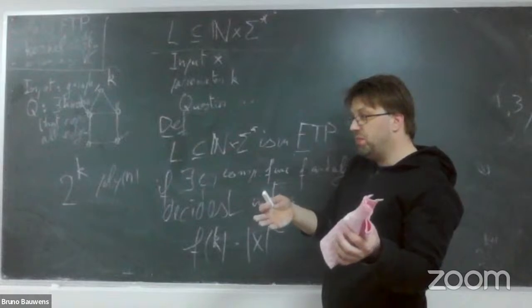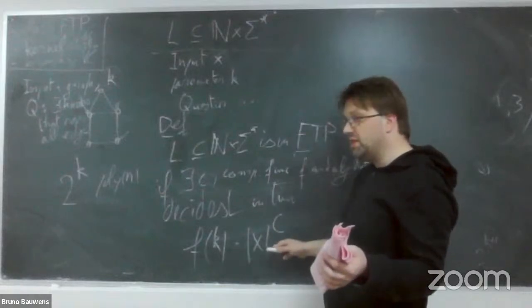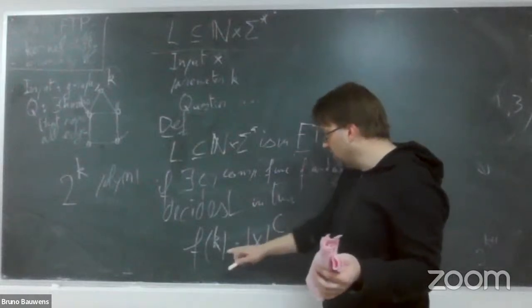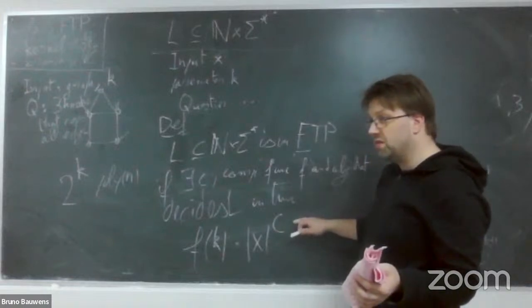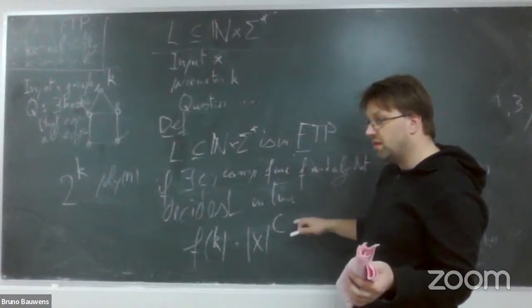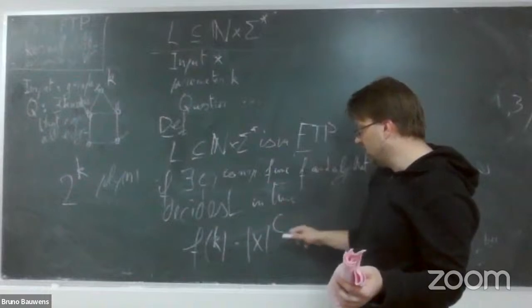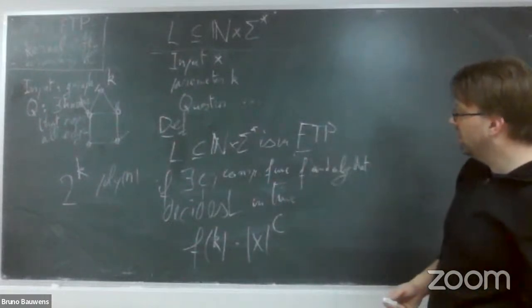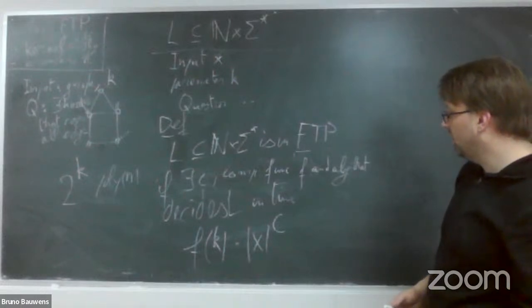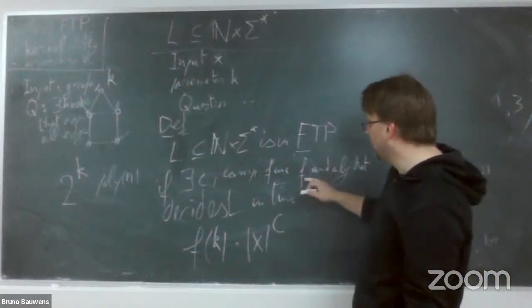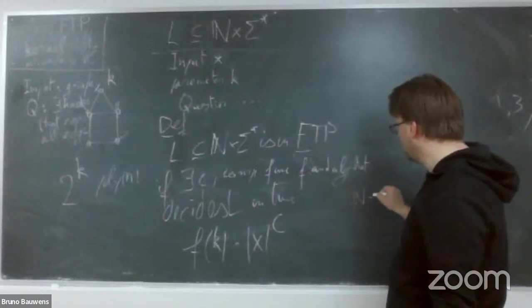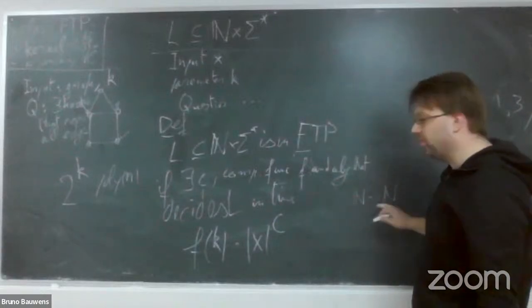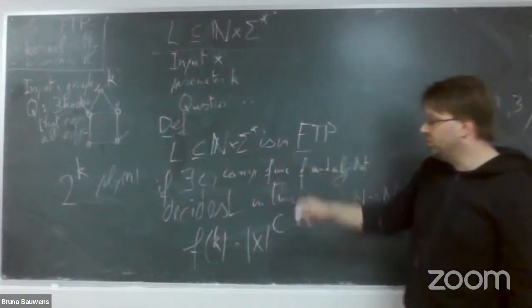And the requirement on the runtime is that the parameter does not appear inside the power, or at least that there is a constant power. The function f that decides L: f is a function from natural numbers to natural numbers. We give it a parameter, and for example, 2 to the power k.